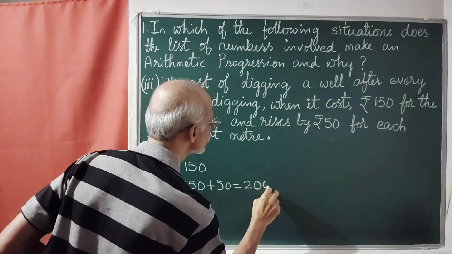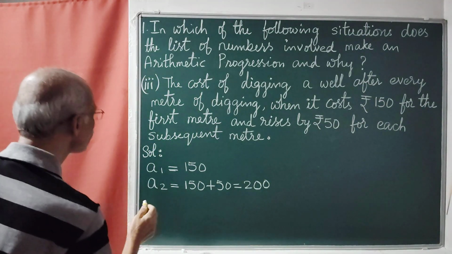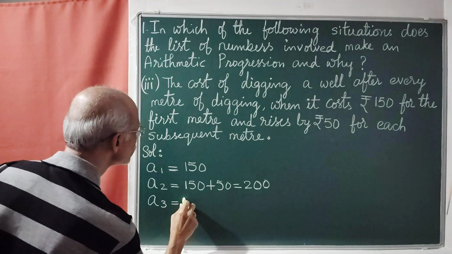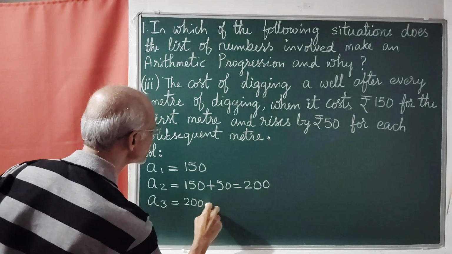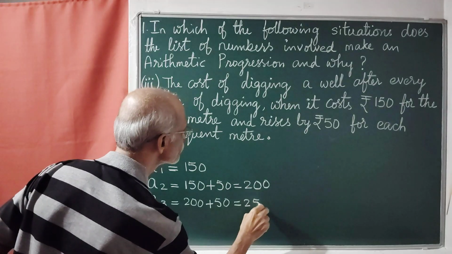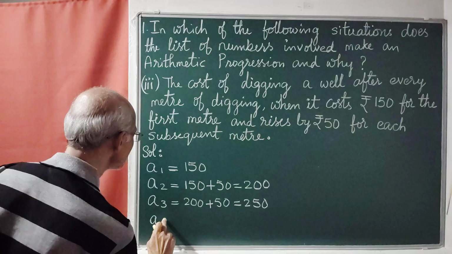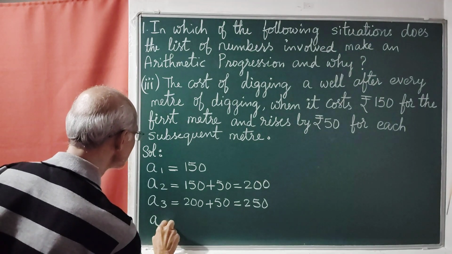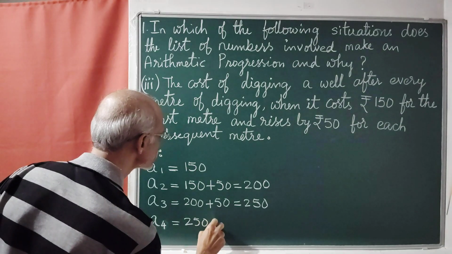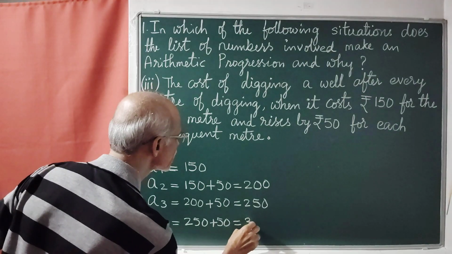If you want to dig for 3 meters, we have to pay 200 plus 50. That is 250. If you want to dig for 4 meters, we have to pay 250 plus 50. That is 300.